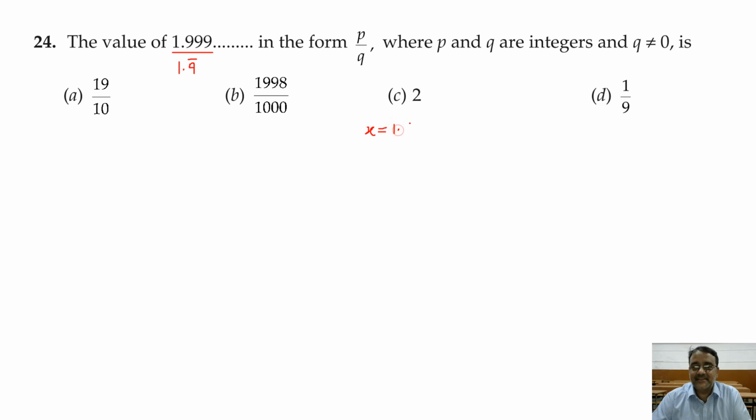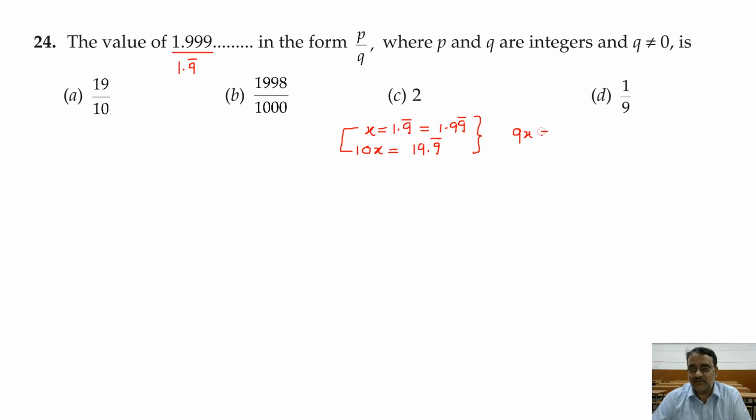Let 1.9 bar be x. And what we are going to do, extend it up to here. Okay, now multiply with 10, so you will get 10x is equal to 19.9 bar.